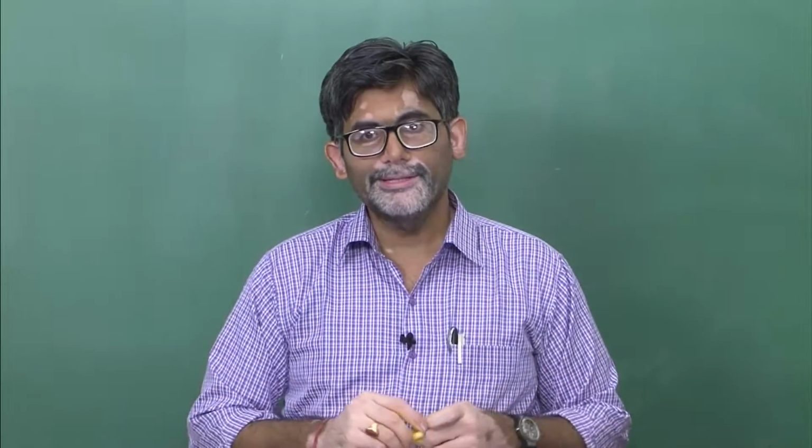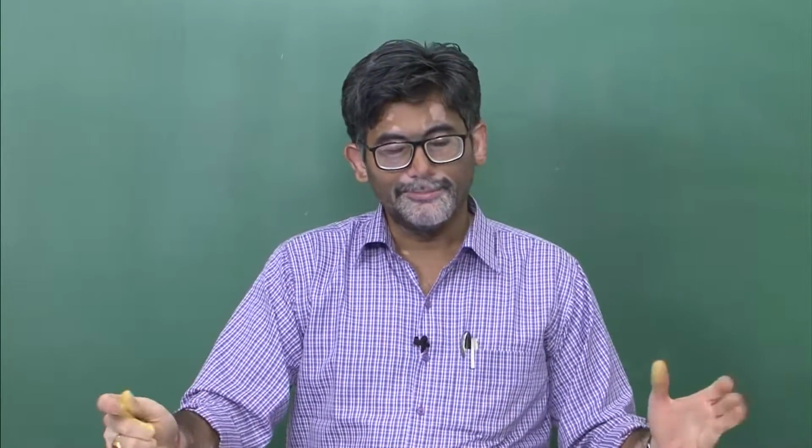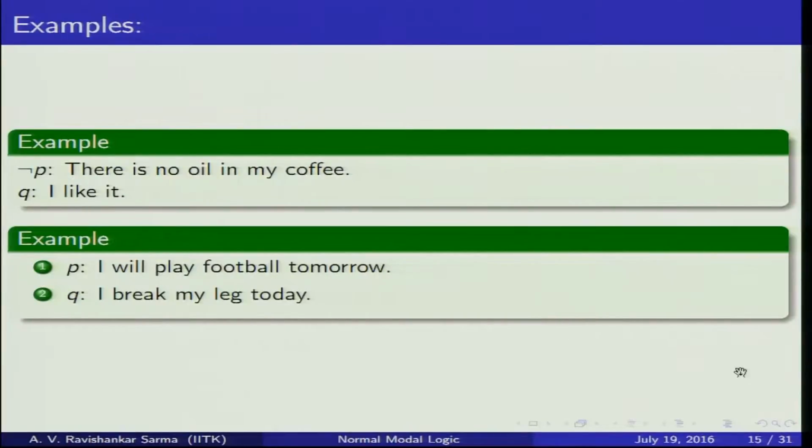So here is a simple, straightforward example of a paradox of material implication. Suppose P stands for "there is oil in my coffee," and exactly the opposite, not P, which you are seeing in this slide, is "there is no oil in my coffee." Q stands for "I like it."